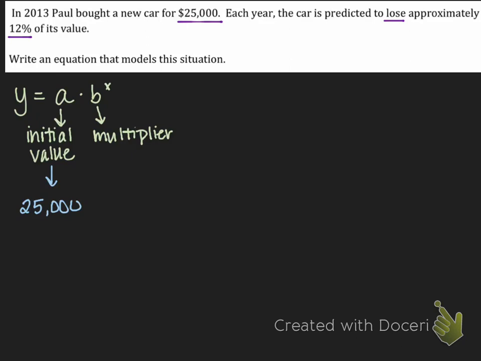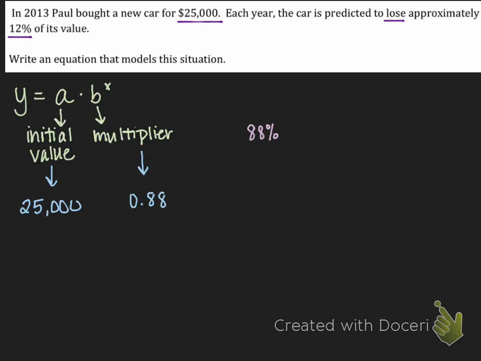So if we are losing 12% of the value and we started with 100% of the car, which was that $25,000, we are keeping 88% of that car's value. So our multiplier in this case, if we write 88% as a decimal, will be 0.88.